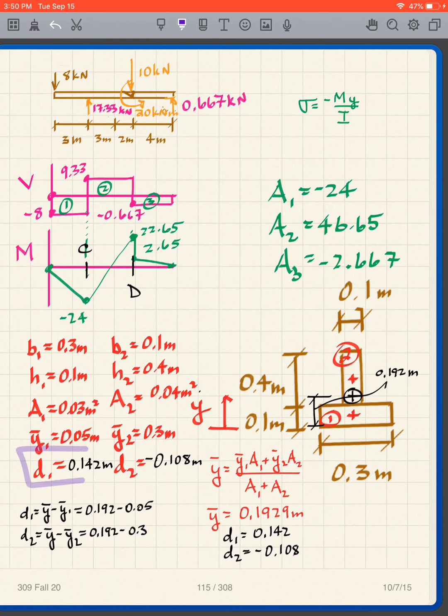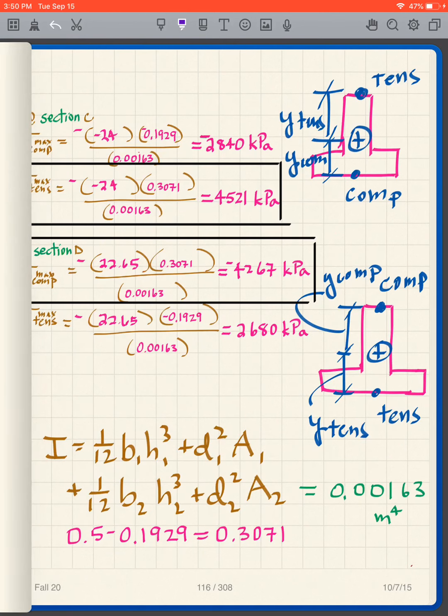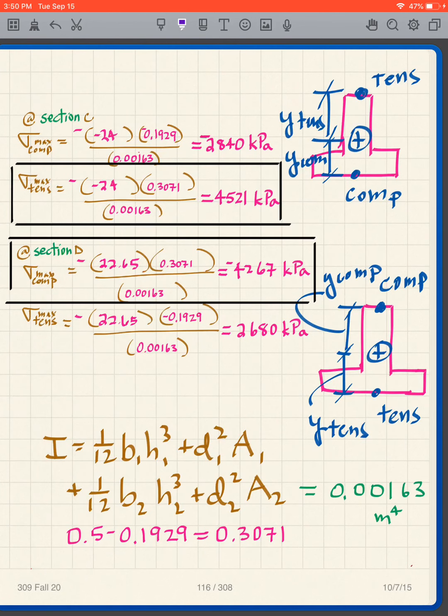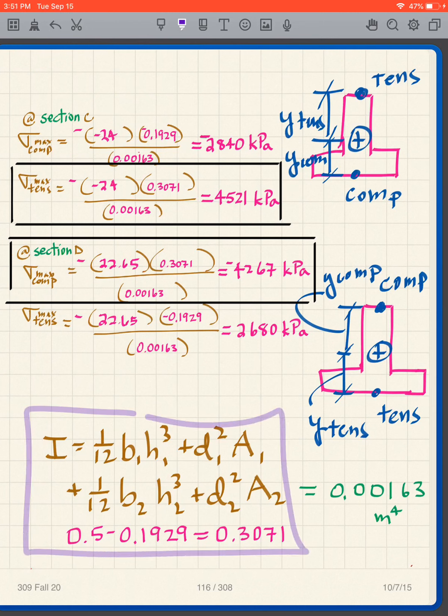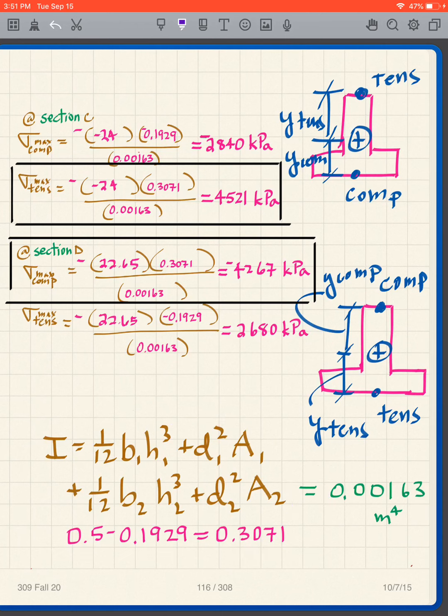I now get these values for d. I don't really care about that negative sign because I'm squaring the d, so it doesn't matter whether I have a negative or not. And so I'm going to take all these values now and calculate my moment of inertia. It's there. I get that value. Okay, so I now have my moment of inertia.